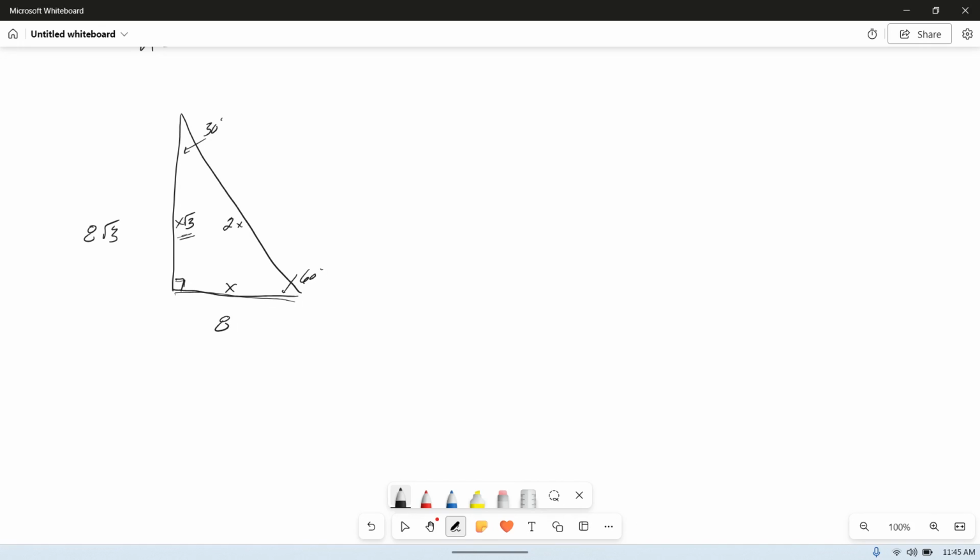So to go from 8 times the square root of 3 down to the 8, I would divide that by the square root of 3, and the short leg is 8. The hypotenuse then will be 16, because the hypotenuse is the short leg times 2, which is 16.